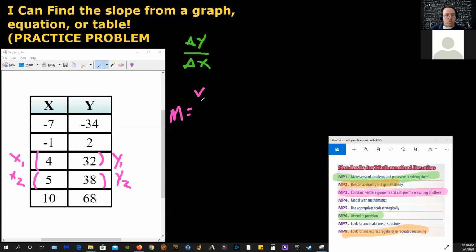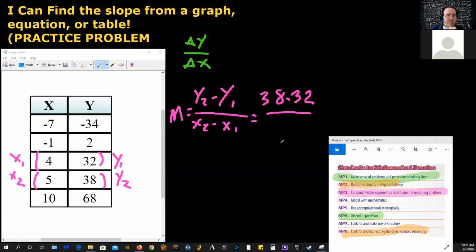The slope is y2 minus y1 over x2 minus x1. So that would be 38 minus 32 over 5 minus 4.